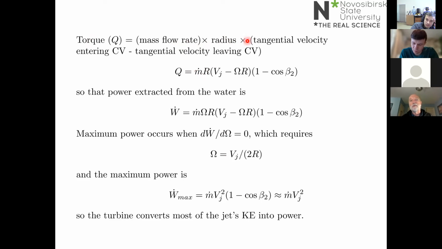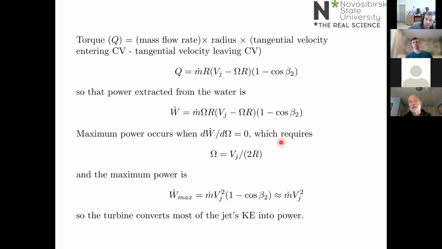And that is multiplied by the difference between the angular momentum coming into the control volume and the angular momentum leaving. I'm going to show you on the next slide that the difference in the angular momentum is the difference between the water jet velocity and the circumferential velocity of the splitter times the radius r. And there's a factor 1 minus cos beta 2, because the factors in this term give the direction of the velocity that's coming into, with the +1, or out of the control volume.